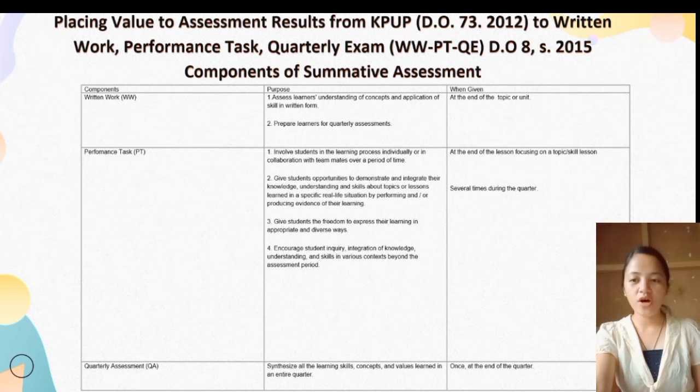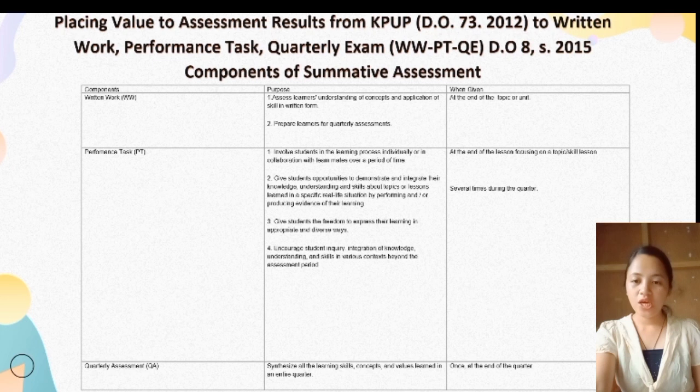Now, let's move on to placing value to assessment results from KPUP or KPOP, DepEd Order number 73, 2012, to written work, performance task, quarterly exam, or also known as WW-PT-QE, DepEd Order number 8, series of 2015.